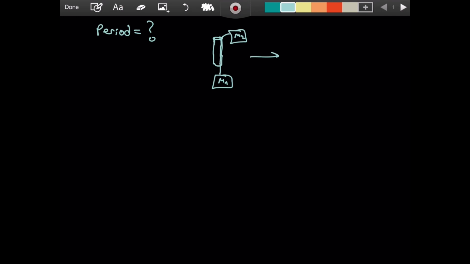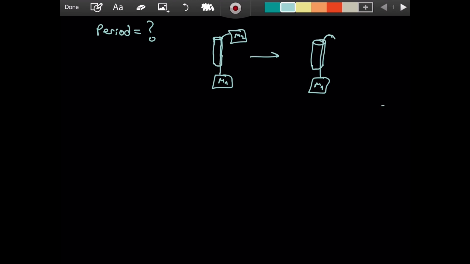We're just exerting some force so that M2 rotates and M1 is constant. It stays at its place. It is at rest, okay? So we have M1, it did not change its height.